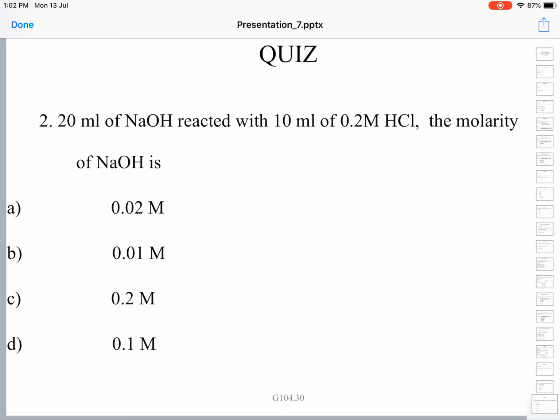The formula is M1 V1 is equal to M2 V2, so M1 comes to 10 into 0.2 divided by 20. So, 0.2 by 2, that is 0.1 M. If you simplify it, D is the answer.